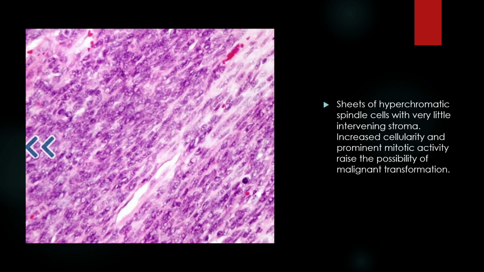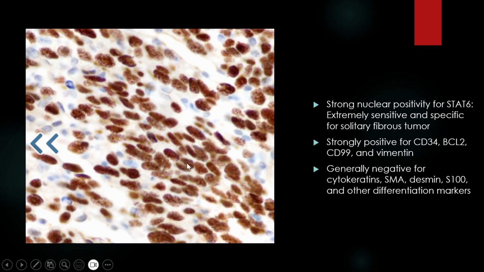Basically, we estimate from the size of the tumor, from necrosis, mitosis counting, some features like it to make the malignant diagnosis. Characteristic finding is this STAT6 nuclear staining, and usually this tumor cell is negative for CK, SMA, desmin, and S100.